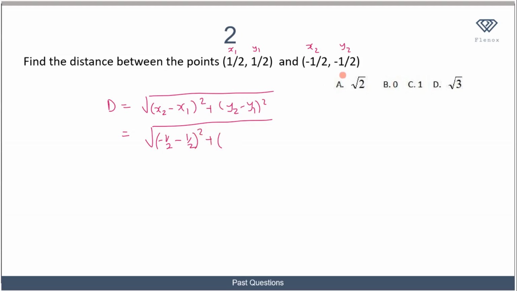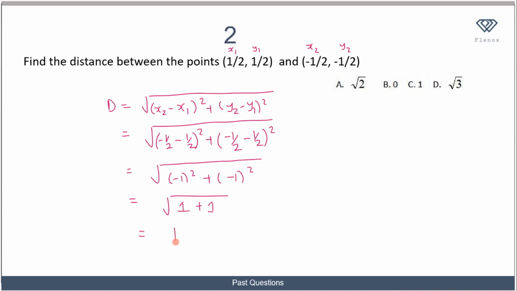My y2 in this case is minus half, and my y1 is half, so minus half minus half gives me minus 1, squared, plus minus 1 squared also. I know that minus 1 squared is 1 and minus 1 squared is 1. So I have 1 plus 1, and that gives me root 2. So the distance between those 2 points is root 2, and the correct option is option A.